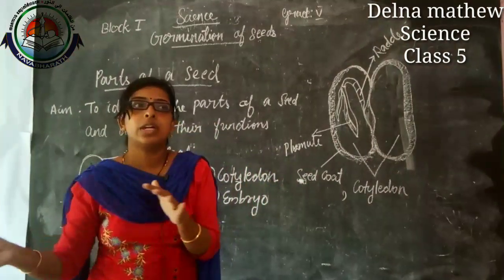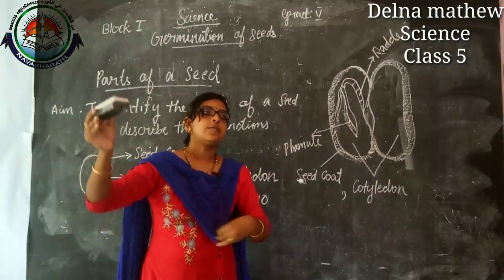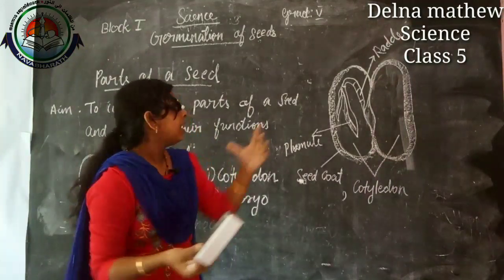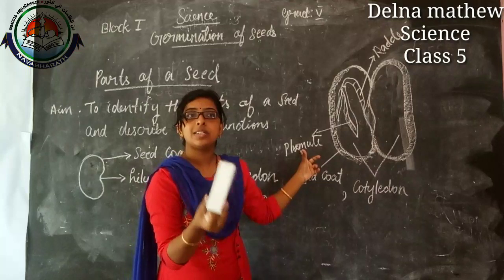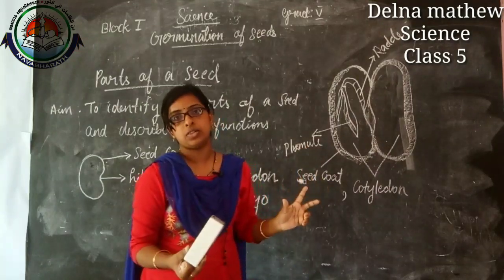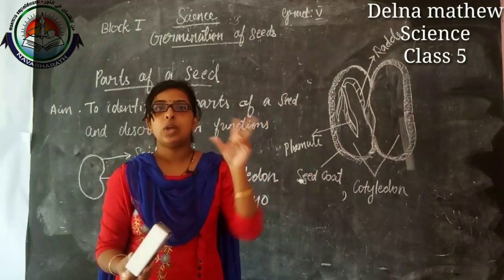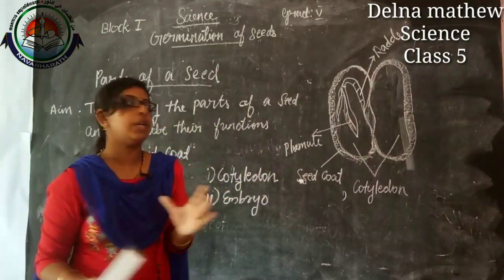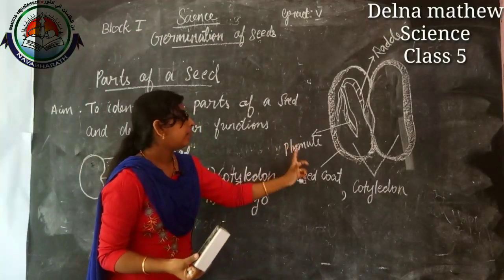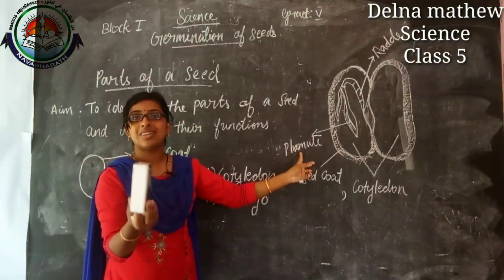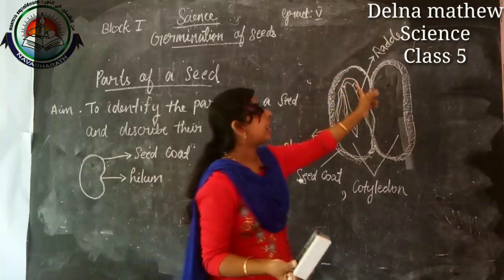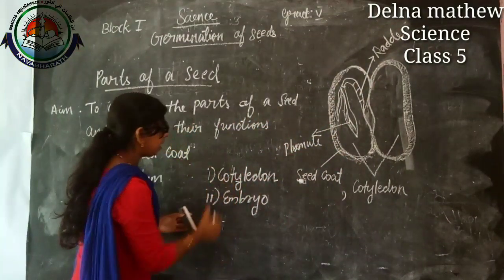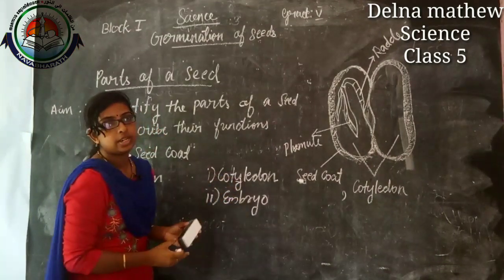And when we look at the plants around us, these plants have leaves also. This plumule is the first leaf of a plant. This plumule and radicle together we can consider as an embryo or baby plant. Plumule is the first leaf in a plant and radicle is the first root. So these are the inner parts, embryo and cotyledons.